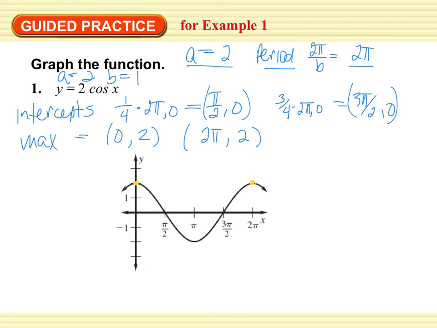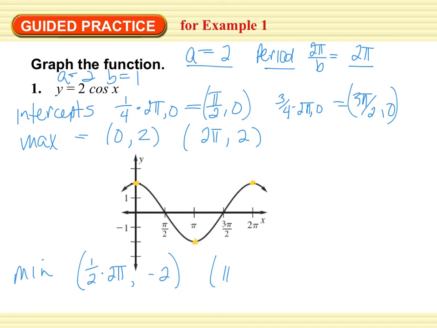The minimum is going to be halfway distance. Halfway is the period, and negative A, which is right there. I should finish my math.